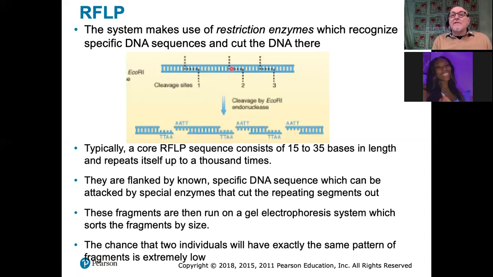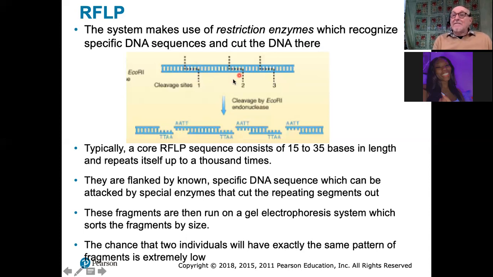So if I've got a length of DNA here, ignore this one. We'll just look at these two. So I've got a length of DNA, and it has that sequence, AATT, AATT, in it there.